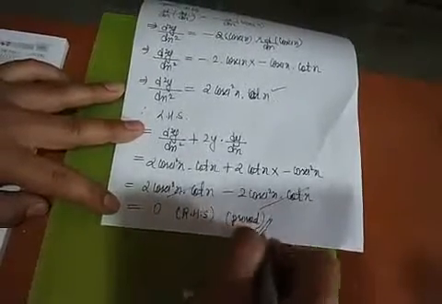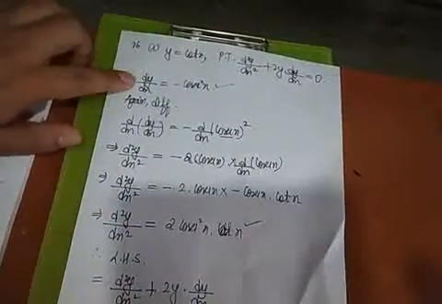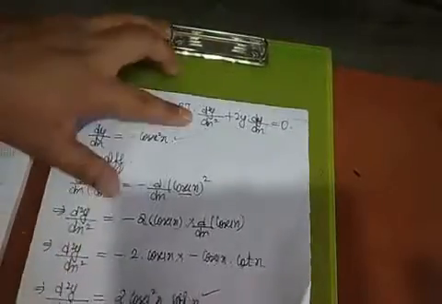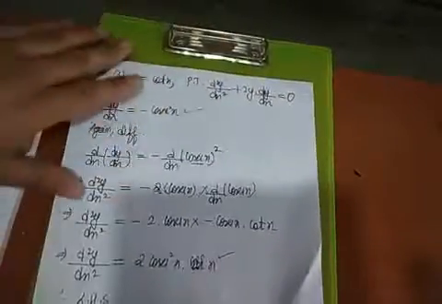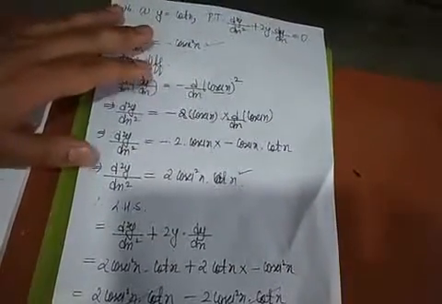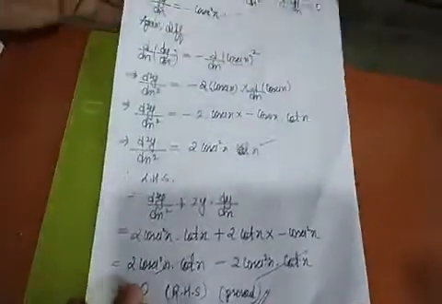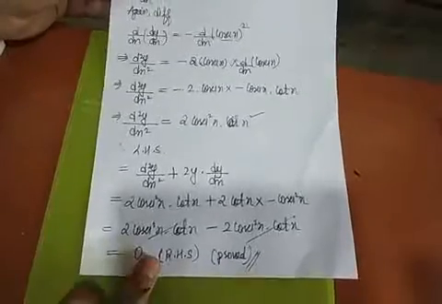Done with this. Okay, it's very easy. Differentiate once, differentiate again, find the values, put the respective values in the left hand side, simplify it, and it's going to be 0. Almost all the questions are the same. So this was our question number 6, part 1, to prove left hand side equals right hand side.